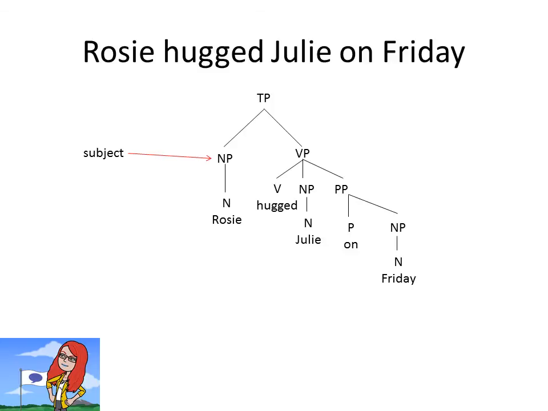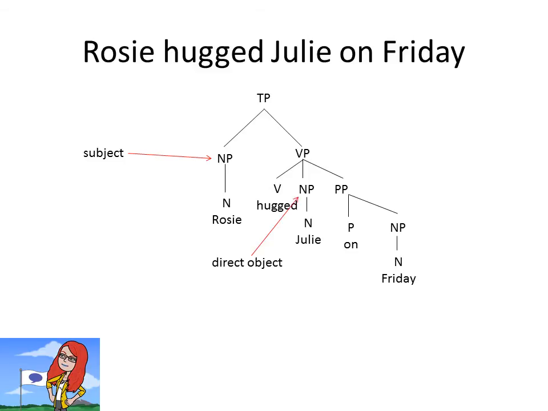According to Carnie, a direct object has two definitions. The first one is either an NP or CP daughter of VP. In this example tree, we see an NP, Julie, as a daughter of the VP. So we can label this NP as the direct object.